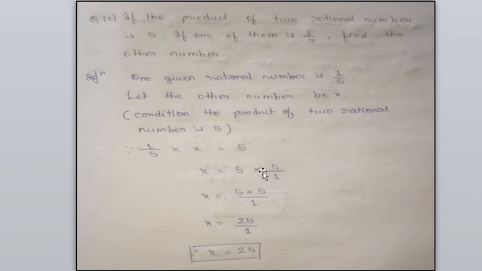Now it is multiplication, so simply multiply numerator with numerator and denominator with denominator. For 5, if the denominator is not given, it means it is 5 by 1. So that is 5 into 5 divided by 1 into 1, which equals 25 by 1, and 25 by 1 is nothing but 25. Therefore we got the value of x as 25.